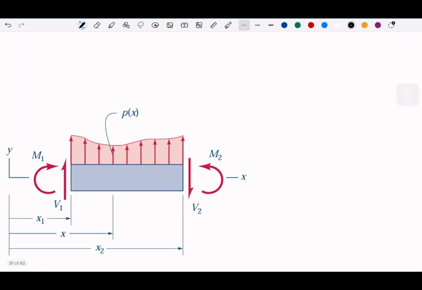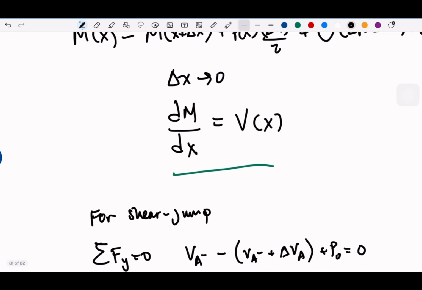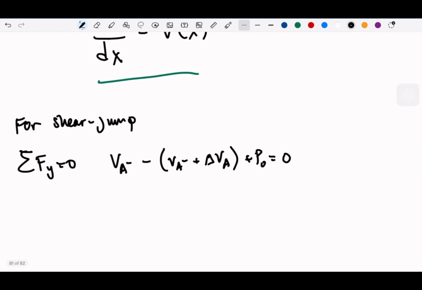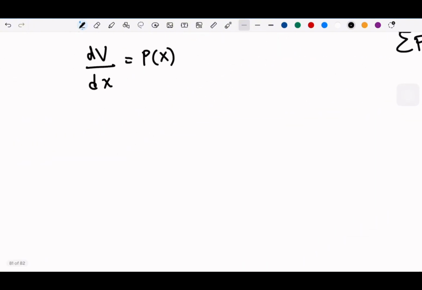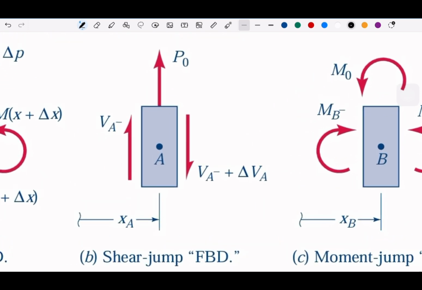The V_A minus cancels, so delta V_A will be P0. So what is V_A minus? Minus means that since point A is in the middle, V_A minus is to the left of the point x_A.